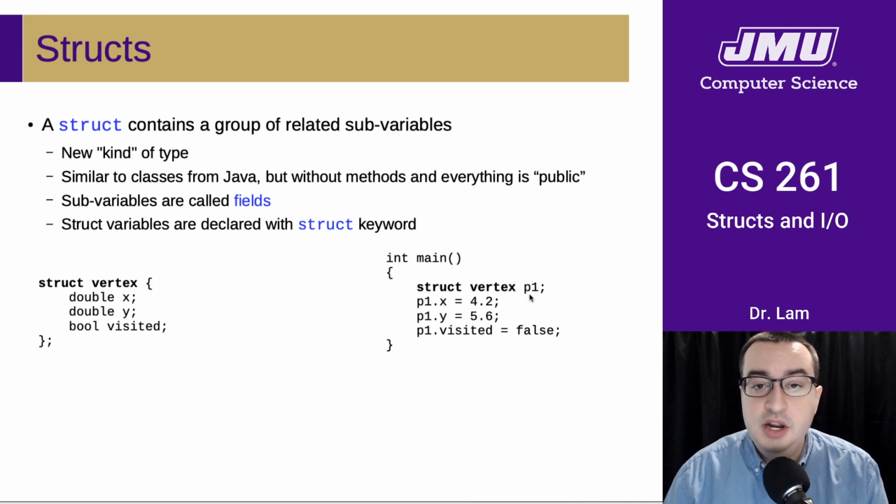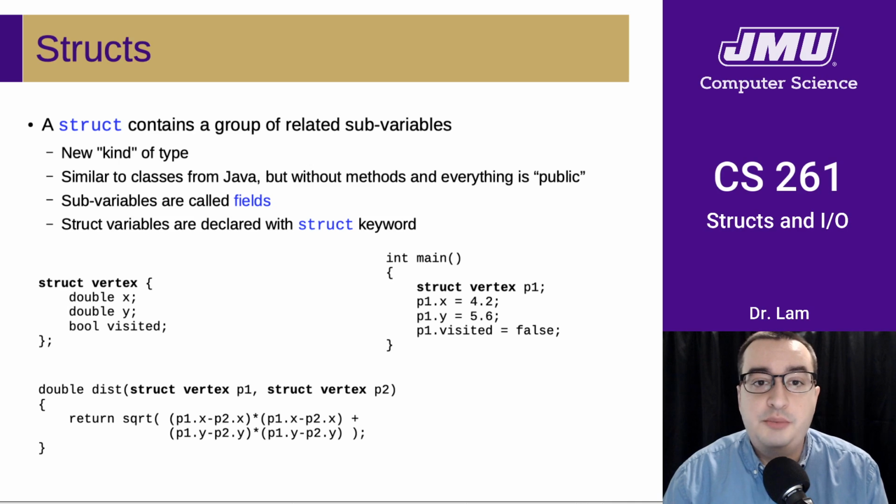We declare P1 to be of type struct vertex, and you'll notice that we have to use the struct keyword again here when we're declaring the variable of type struct vertex. And now we can access the members of the struct using the dot operator, just like you would in Java.